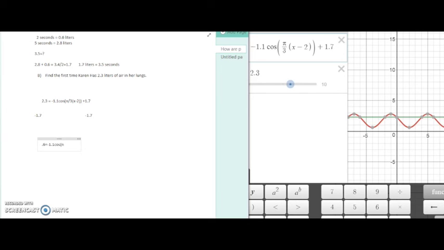I'm using n because I can't find the pi symbol, but don't mind it. Then (x minus 2).